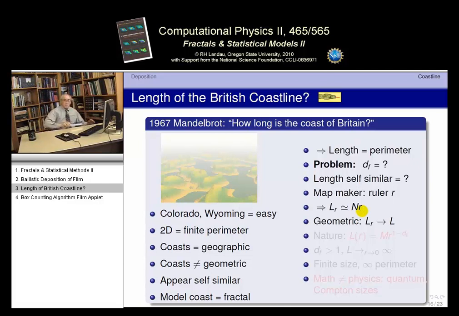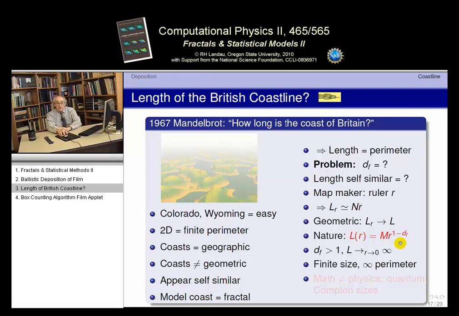But then, what if I went back and I used a smaller ruler? Well, I'd get a larger number, but a smaller ruler size, and then I'd get another length, and then you'd say, aha, this is good. It's a more exact measurement because I'm getting all the curves. And then you'd say, okay, as the length of the ruler got smaller and smaller, as the length of the ruler approached 0, at least for a geometrical object, I get an accurate measurement of the length.